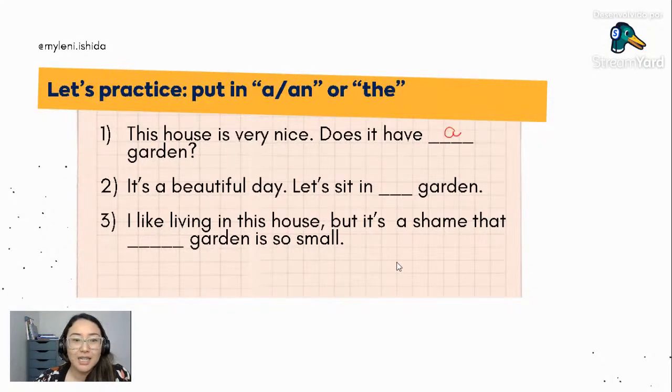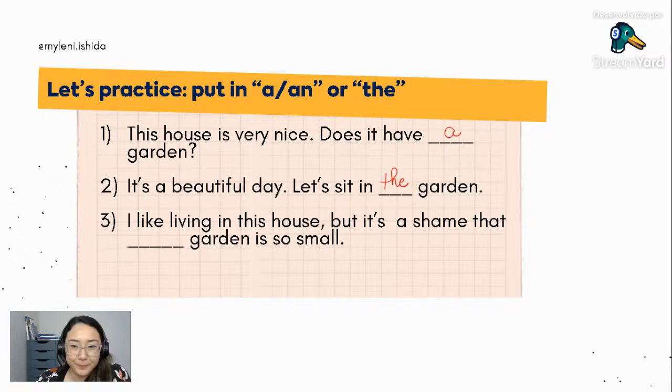Okay? It's a beautiful day. Let's sit in the garden. Here, it's not any garden. It's a specific one.